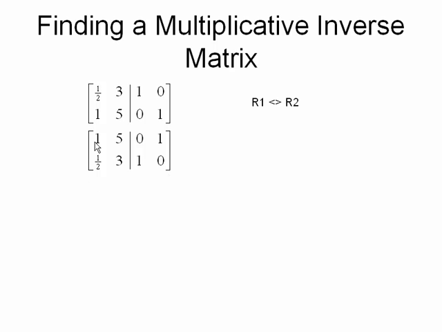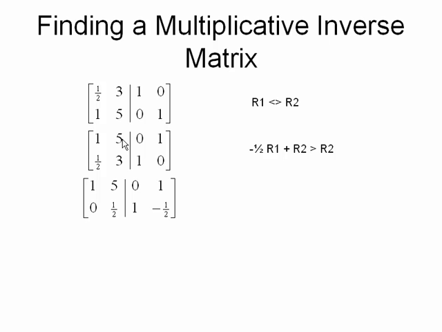Now that I've got the 1 where I want it, I need that 1/2 to become a 0. So I'll take negative 1/2 times row 1 plus row 2 and put the result in row 2. So negative 1/2 times 1 plus a half puts a 0 down there, just like I needed.